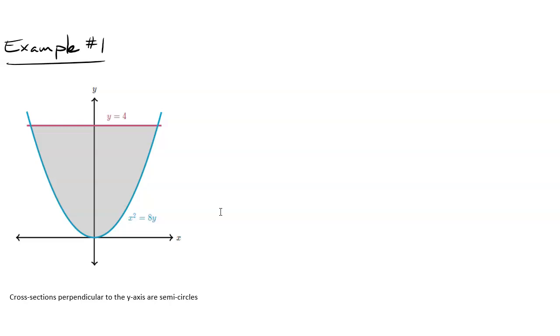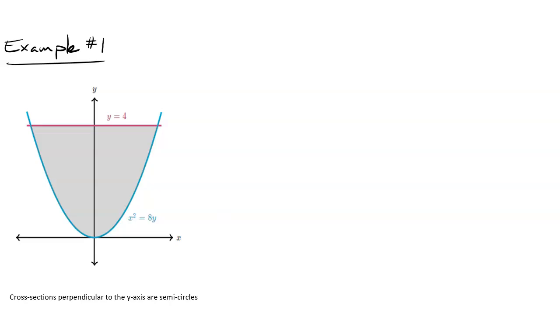This one is pretty easy to picture. If you think of this shape being rotated, it would create essentially a really tall bowl, right? This would be half of the bowl because it's a semicircle, but it would be solid.